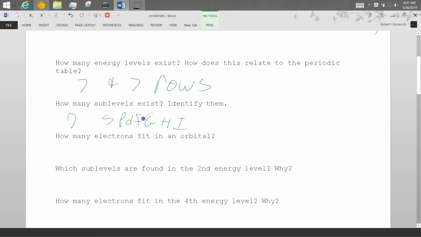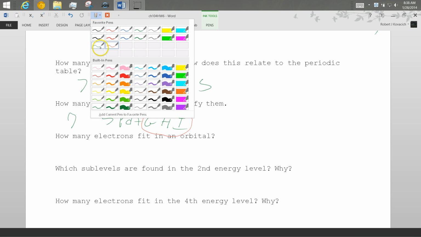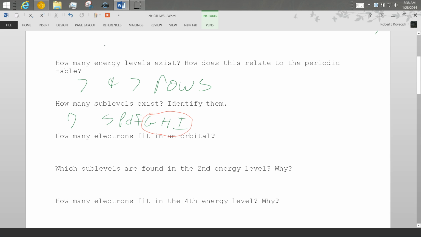G, H, I. We don't really need G, H, and I, only because we don't have atoms big enough to fill those sublevels. No other reason. I mean, they still exist. You can still excite an electron up to those spots. It's just that they're not going to sit there when they're in their ground state.